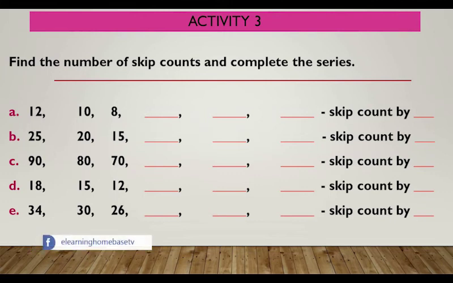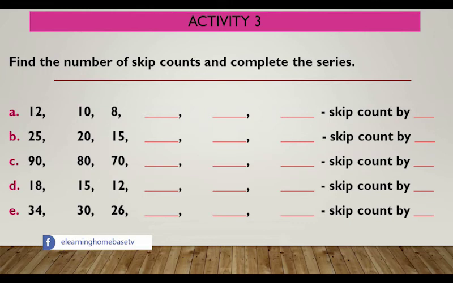B, we have 25, 20, 15, with 3 blank spaces. C, we have 90, 80, 70, and you are to fill in the next 3 numbers. D, we have 18, 15, and 12.